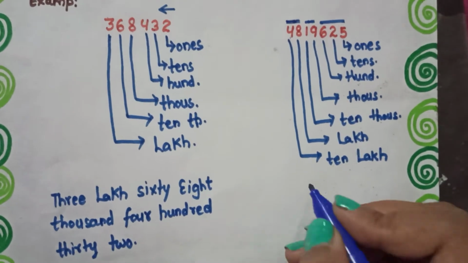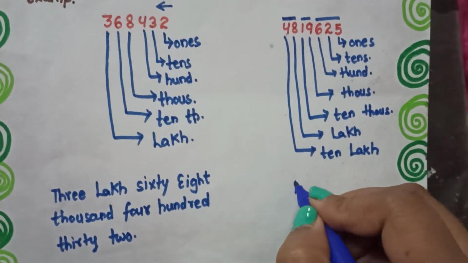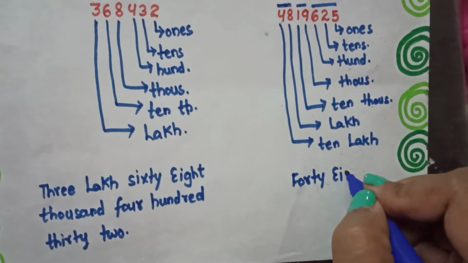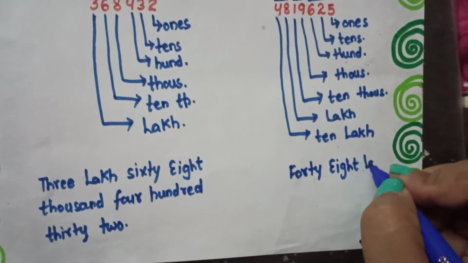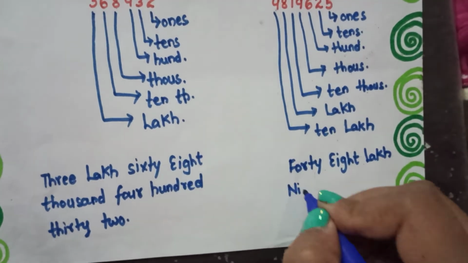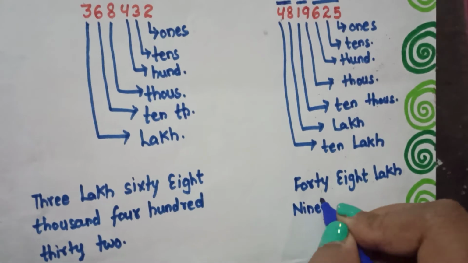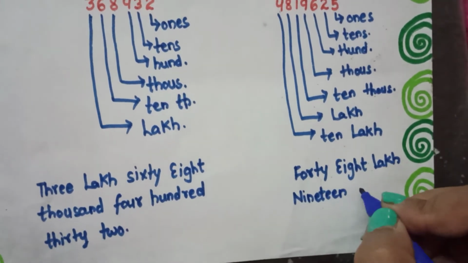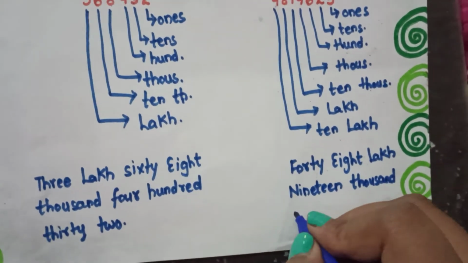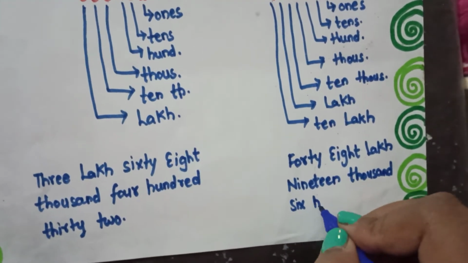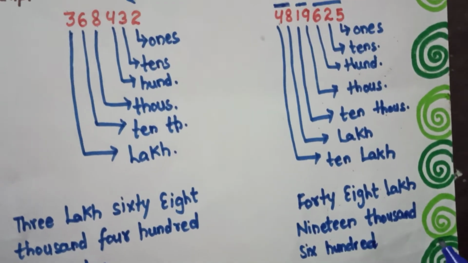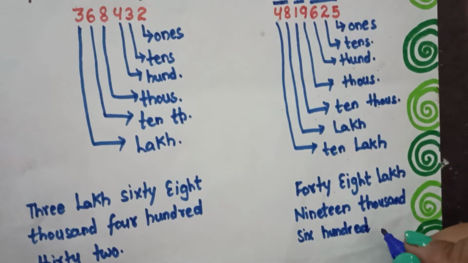Okay, so let us write down their number name. 48 lakh. Then 19 thousand. Then 625.